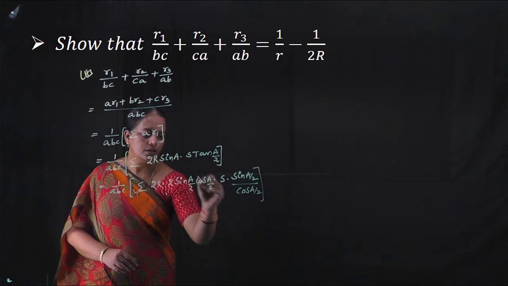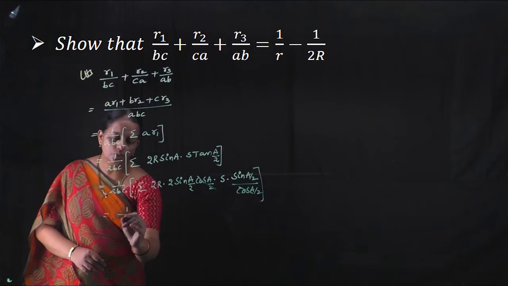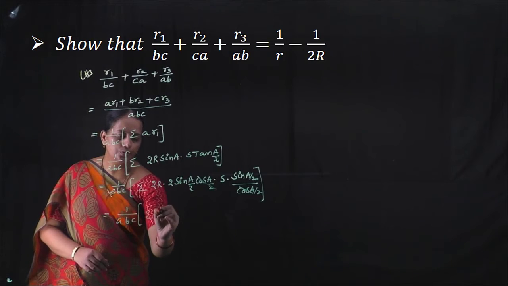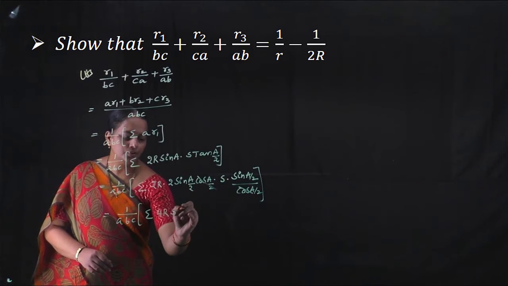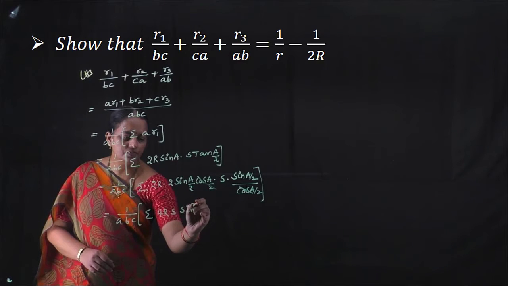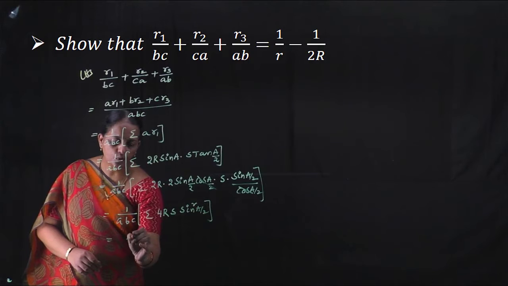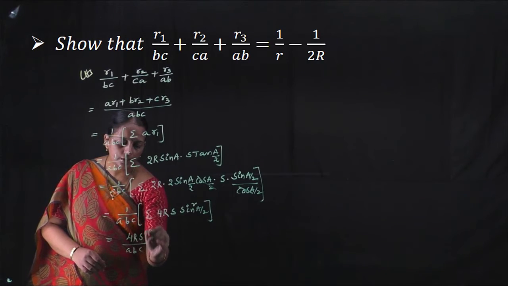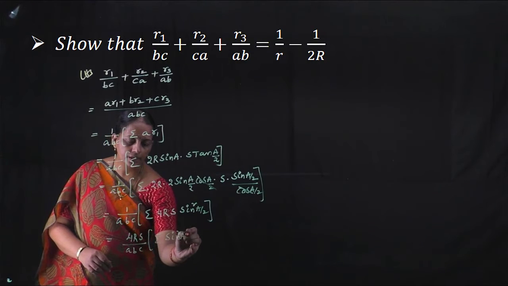Okay, here cos A by 2 gets cancelled. This is equal to 1 by ABC into sigma 2R into 2 into 4R S sine A by 2 into sine A by 2 sine square A by 2. It can be written as 4R S by ABC into sigma sine square A by 2.